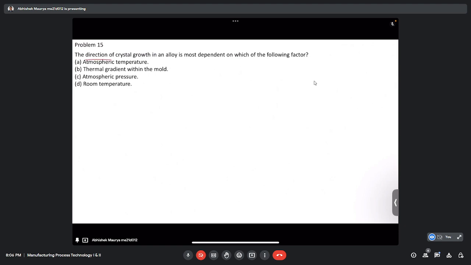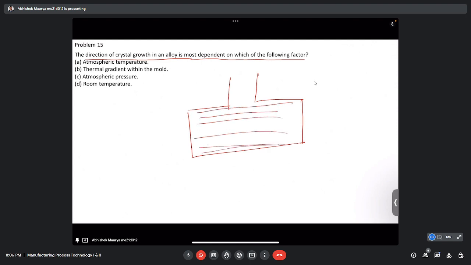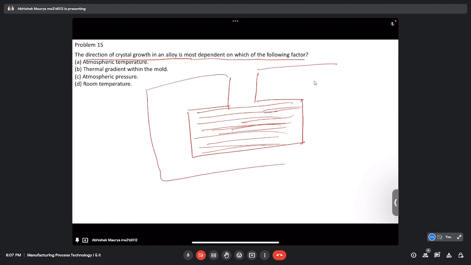The direction of crystal growth in an alloy is most dependent on which of the following factors? Again, I will take the same example. We have this mold, and this mold is filled up with molten metal. This is the sand.